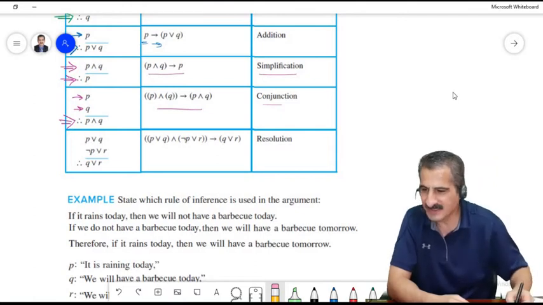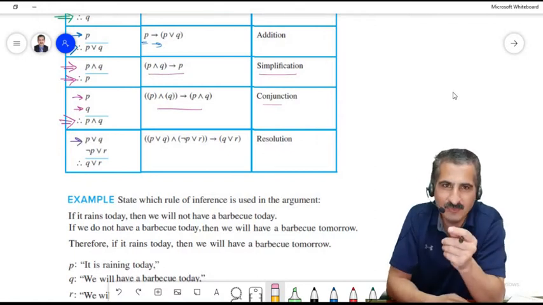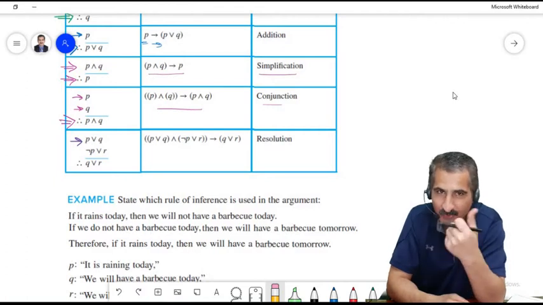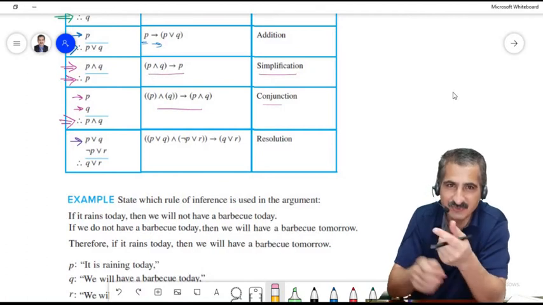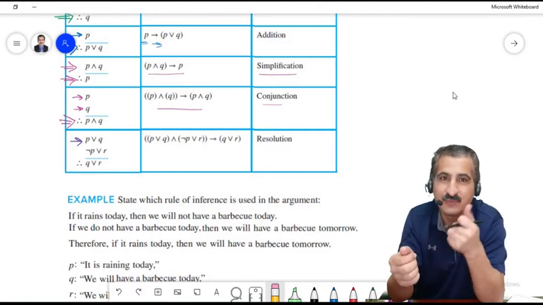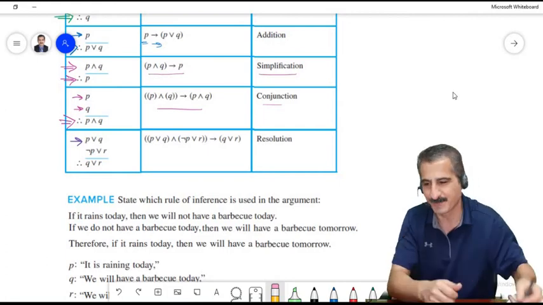This says first thing P or Q. Either P happening or Q happening. So if not P, which means P is not happening, then we must have Q, because at least one of them must be there. Okay.